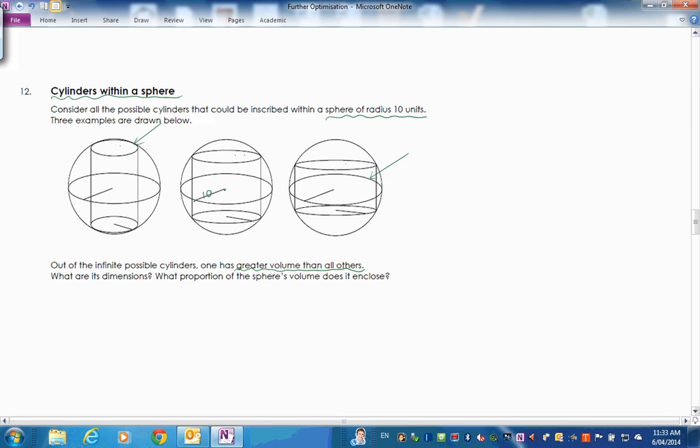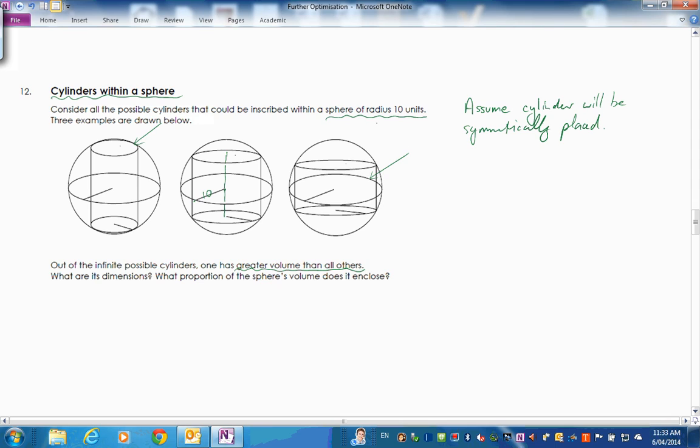And we want a radius of the cylinder. So let's make sure here. We are going to assume here that the greatest volume, assume the cylinder will be symmetrically placed, watch this now, like these diagrams, symmetrically placed in the sphere.